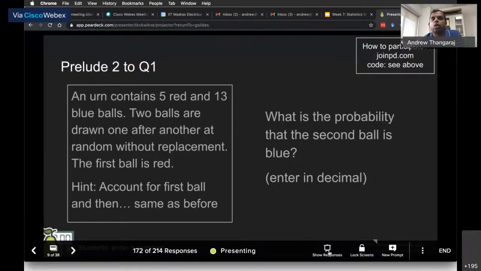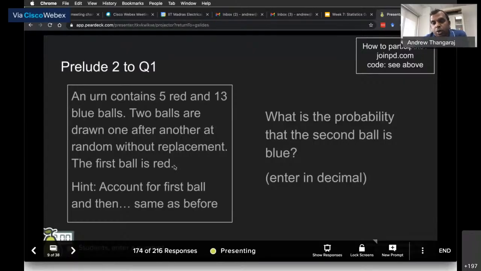Oh, okay. All right. So you're foreseeing the problem. Now I understand. This problem is slightly different from the problem that you're solving. So now I understand the misconception. See, the first ball is red.